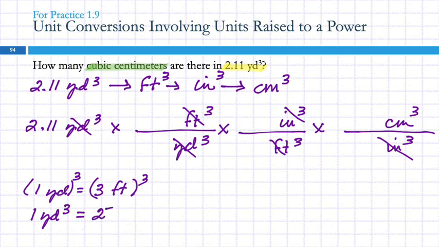So that's 27 cubic feet. If you look at the older videos, the way I've done it in the past is I put the 3 and the 1 in here, and then I cube the whole thing. I'm just doing it a little different this time to see if maybe that'll save some problems. So 1 cubic yard is 27 cubic feet.